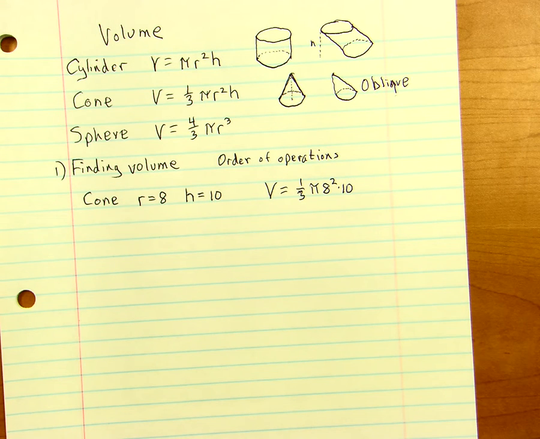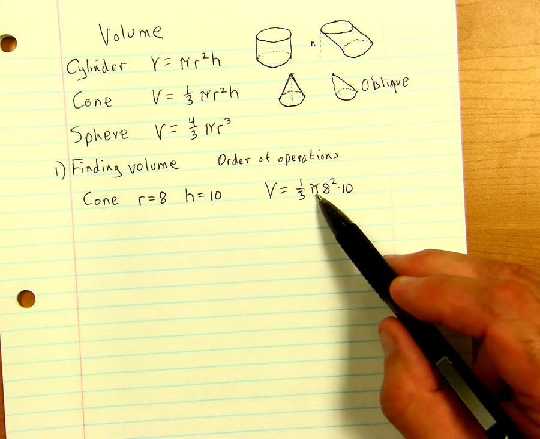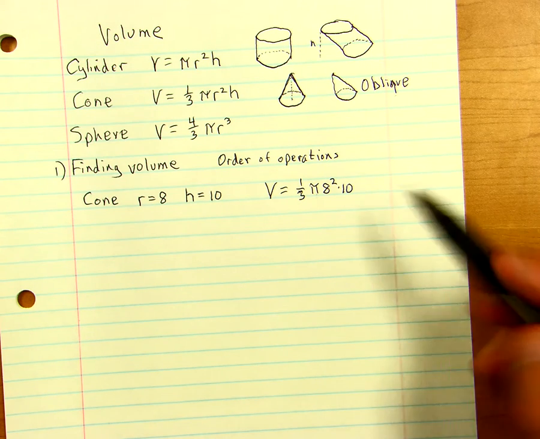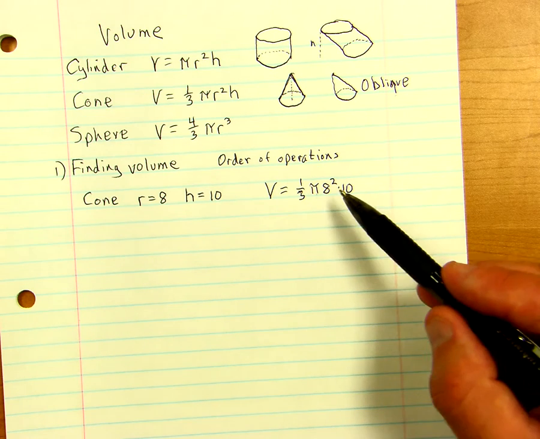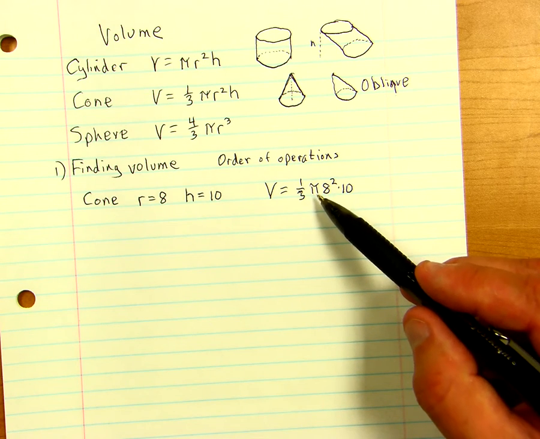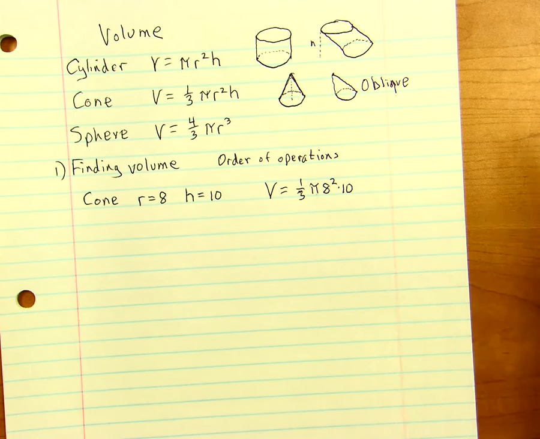Pi is a number, right? So you don't have to worry about that. In your FSA, they actually say use 3.14, so I really don't care what you use. Whether you want to use the pi button, which is quicker, or 3.14, that's up to you.